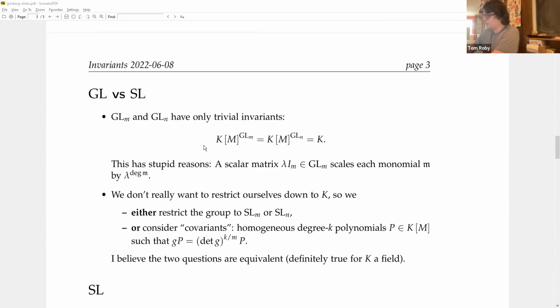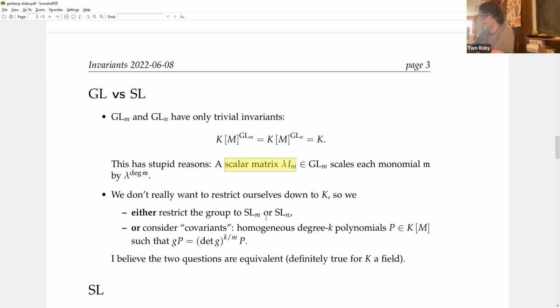So if you take the question too literally, you get nothing. If you take invariance under GLm, you just get the constant polynomials, because GLm contains scalar matrices, which just scale each monomial by lambda to its degree. So it's not invariant unless the degree is 0. So this is not what we want.